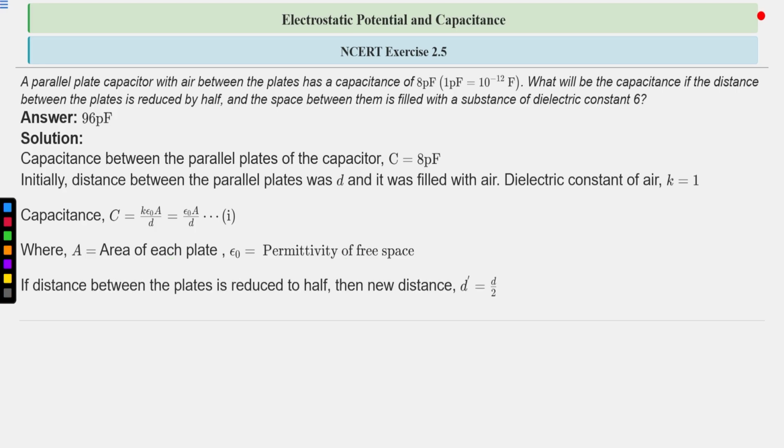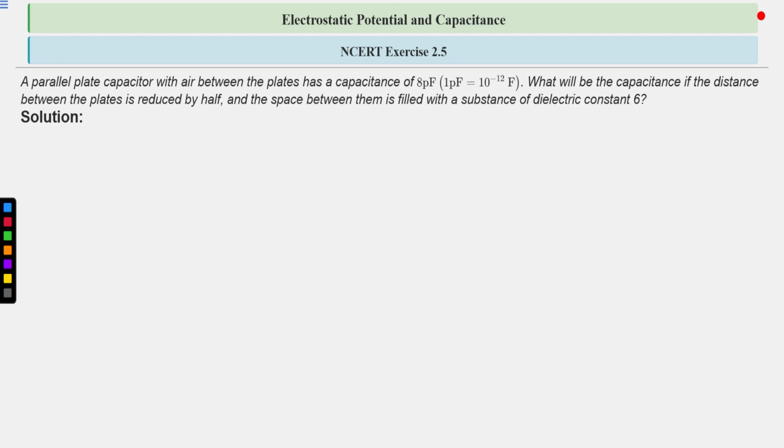Now what is asked in the question? When we reduce the distance between the plates to half, d becomes d by 2. So the new distance between the plates, d dash, equals d by 2. And the substance filled between the plates has dielectric constant 6.